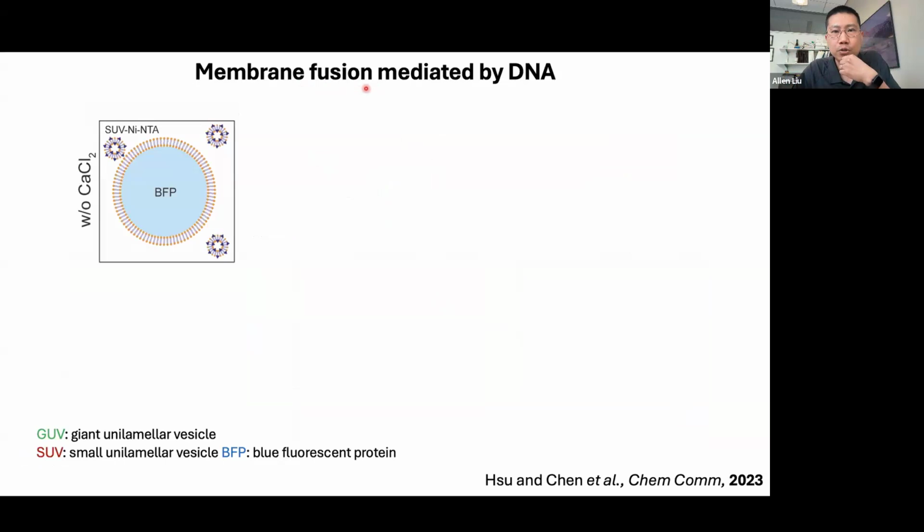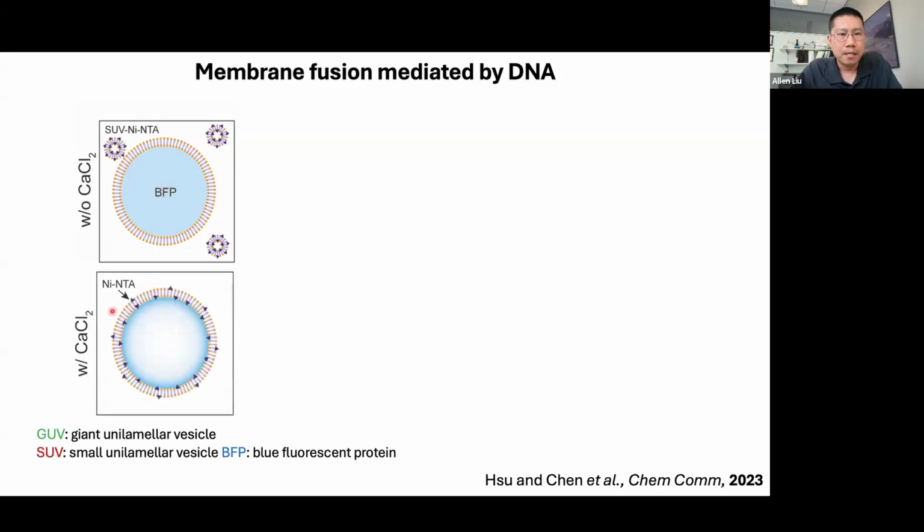To test that fusion actually happened, we use a different assay where we introduce nickel NTA lipid from the SUV, to fuse with the GV membrane, and we encapsulated BAP that has a His tag. If the nickel NTA lipid gets incorporated, then we will see the binding of BAP.